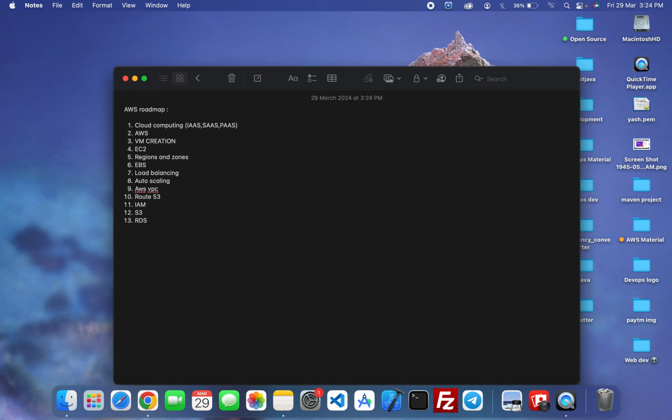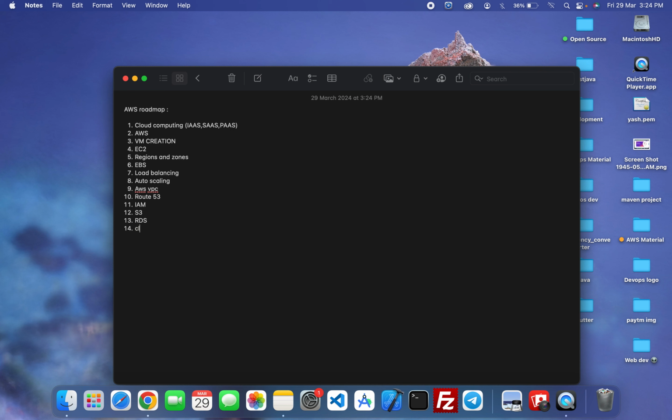So we want to learn about managing the RDS database, setting up automatic backups, configuration of a database engine, and launching the RDS instance. We want to learn that as well.